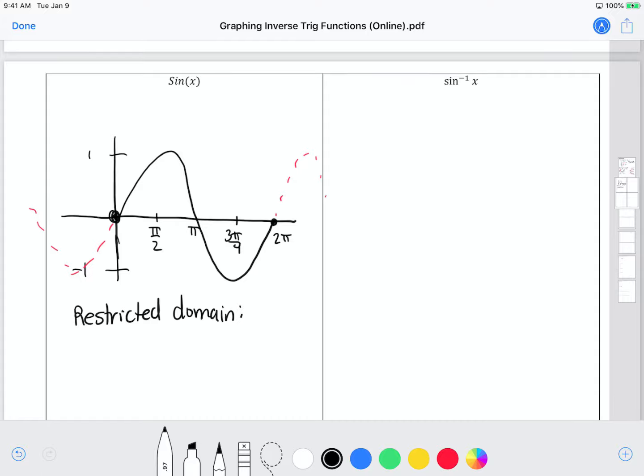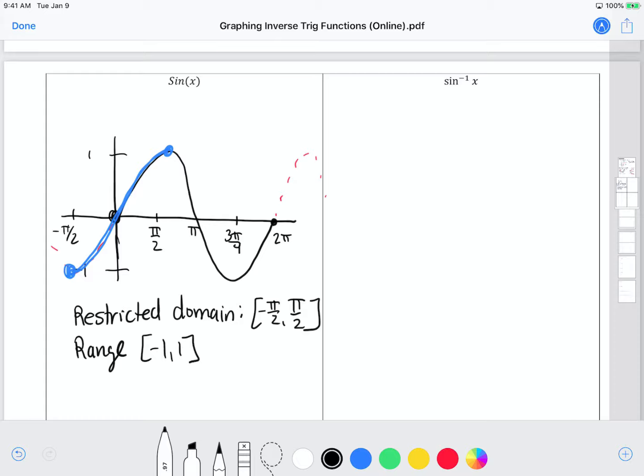So in blue, I'll write the part that we're keeping. We're keeping this part right here, where it goes from minus pi over 2 to pi over 2. By keeping just that part, we have now created a one-to-one function for sine. Okay, now the range is going to be, of course, negative 1 to 1.